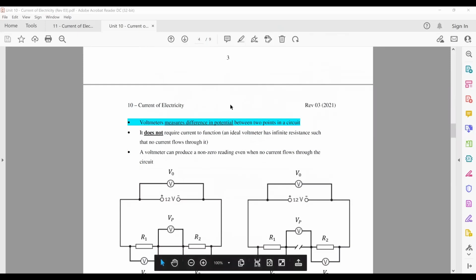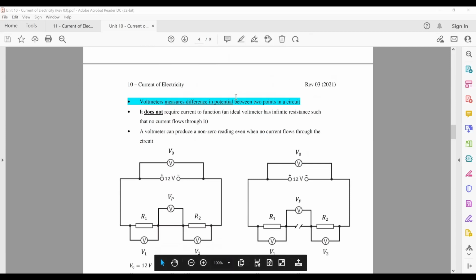There's this thing about voltmeters that I also need to explain to you. Voltmeters measure voltages, that's what we know. But what voltmeters actually do is measure the difference in potential between 2 points in a circuit.